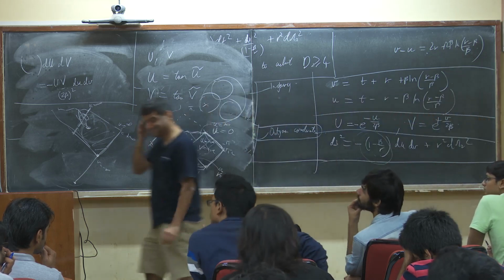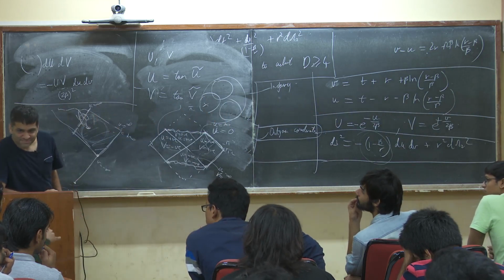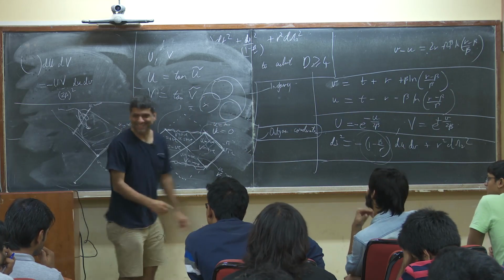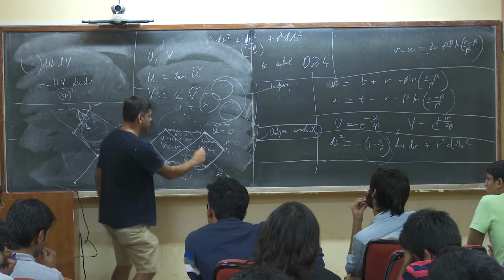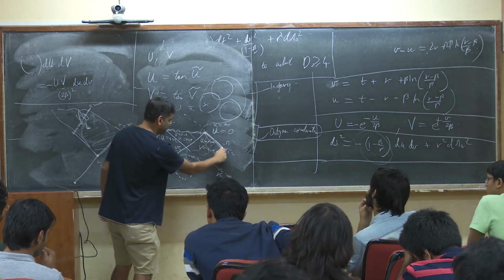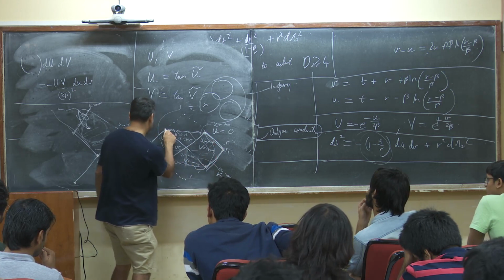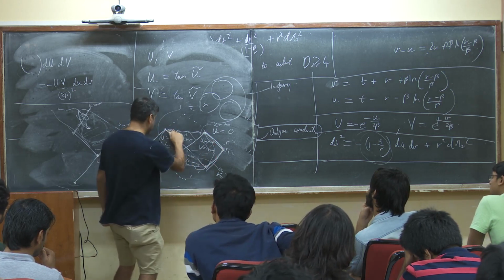So any R equal constant surface would be two-sheeted. Exactly. In fact, the sheets run like this. R is equal to infinity goes here, larger R goes like this, and smaller R's go like this.